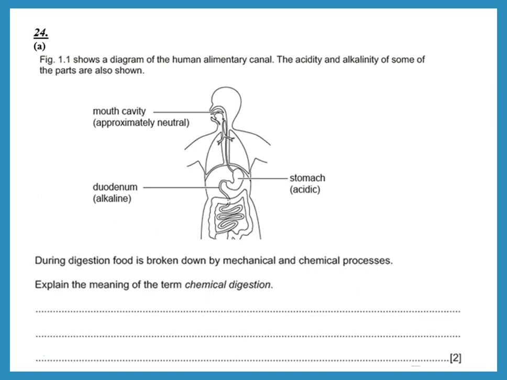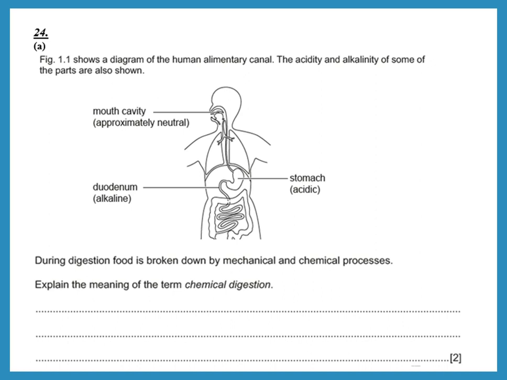This figure shows a diagram of the human alimentary canal. The acidity and alkalinity of some of the parts are shown. So he's saying your mouth is about neutral, your stomach is acidic, and your duodenum is alkaline. During digestion, food is broken down by mechanical and chemical. Explain the meaning of the term chemical digestion.